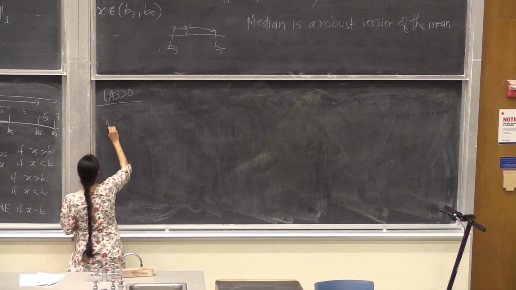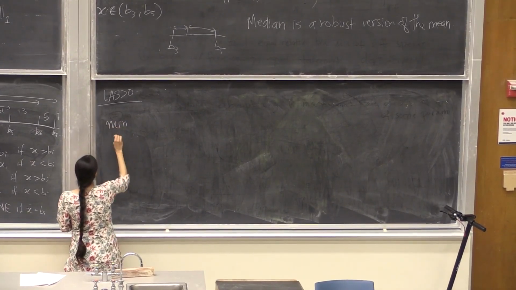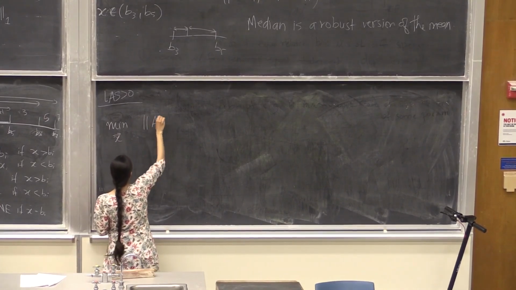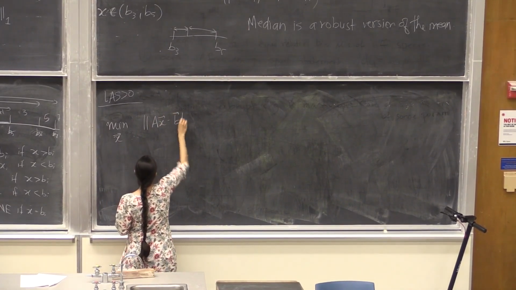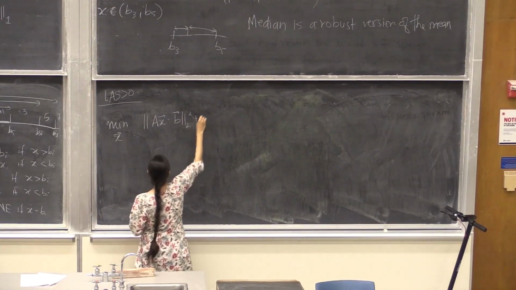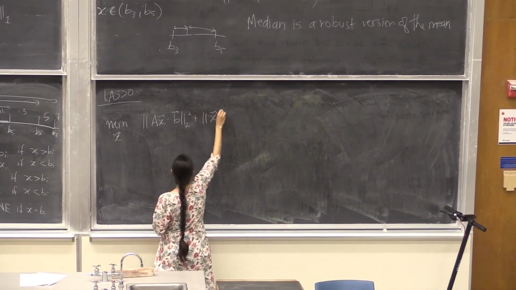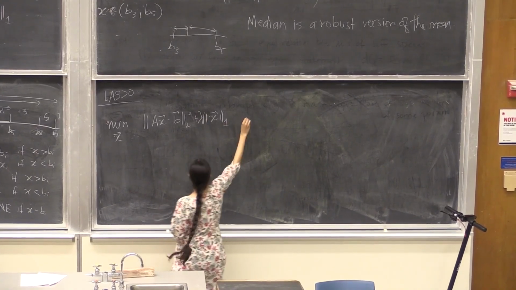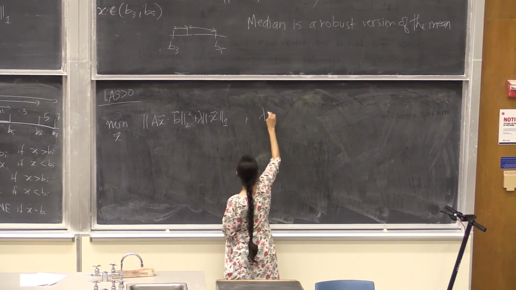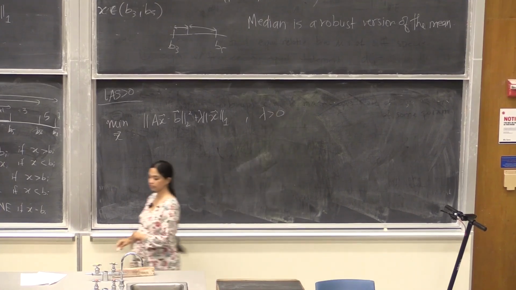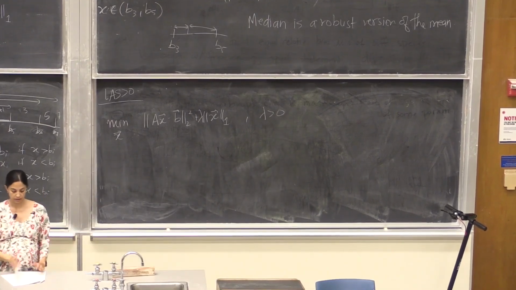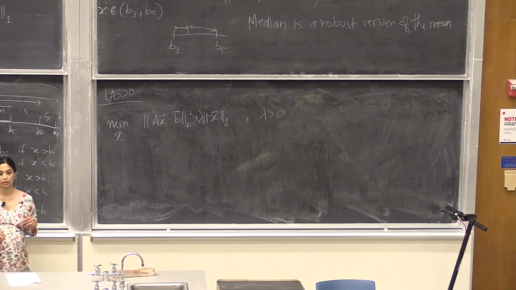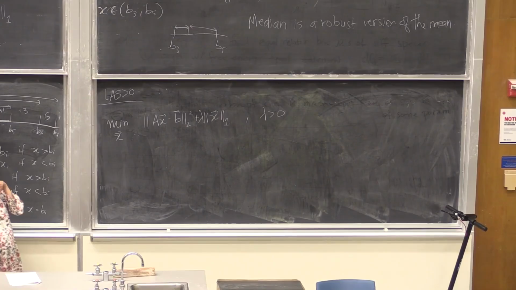So I want to look at the problem. This is basically what is called the lasso problem, okay?